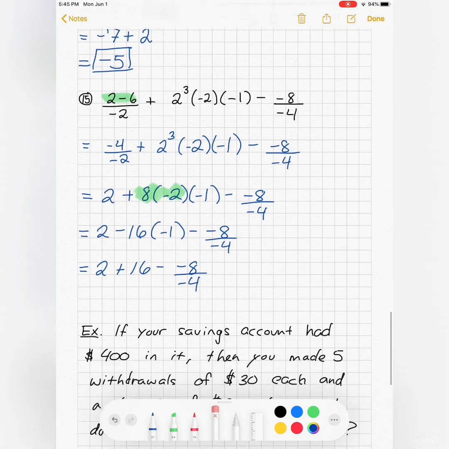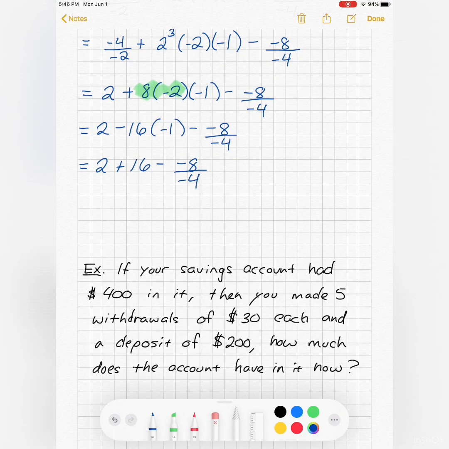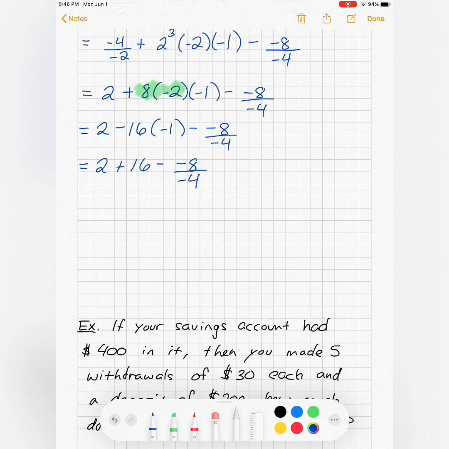Scratch work there. Let me move this down. Okay, let me combine. So let's see, 2 plus 16 is 18. Then I have to deal with all these negatives in this last term. Let's see, so I have a negative divided by a negative. Negative 8 divided by negative 4 is positive 2. 18 minus 2 is 16. And so I got an answer.